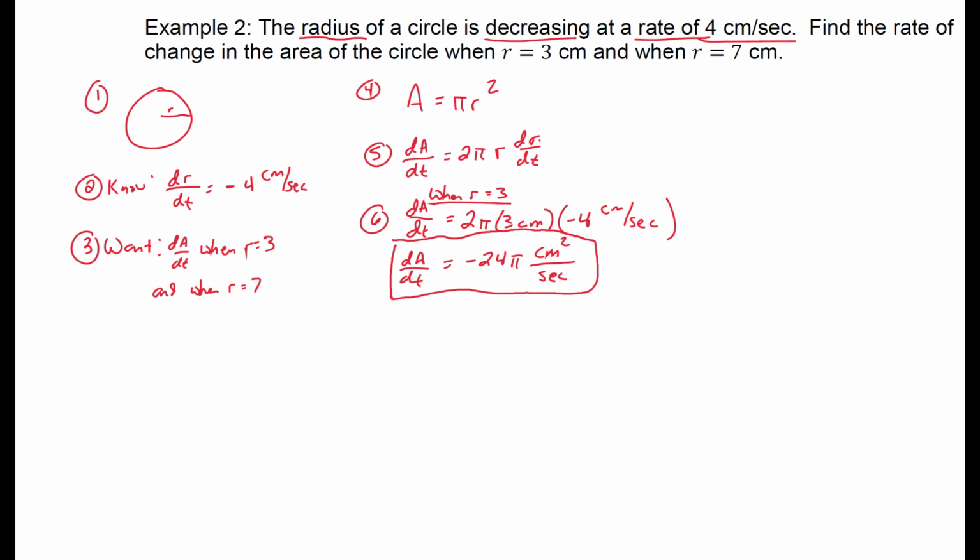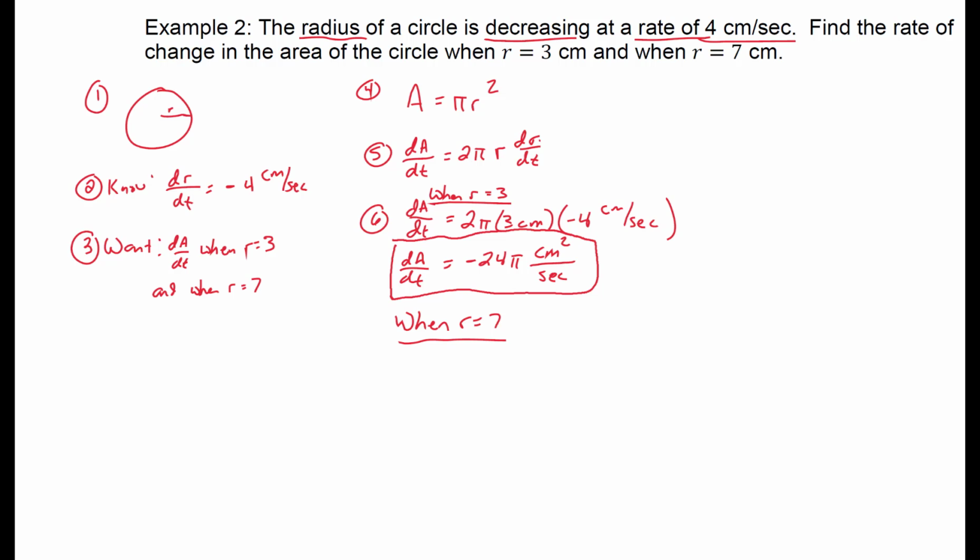All right, so now that we found our rate of change for the area with respect to time whenever the radius was 3, we need to do this again for when the radius is 7. It's the exact same process, so we just sub in what we know. Remember, dA/dt was 2 pi r dr/dt.